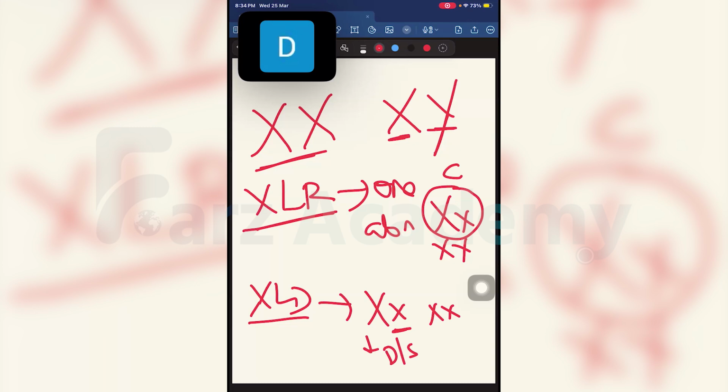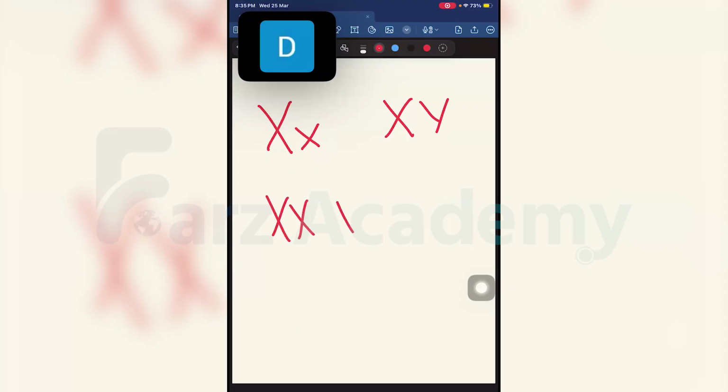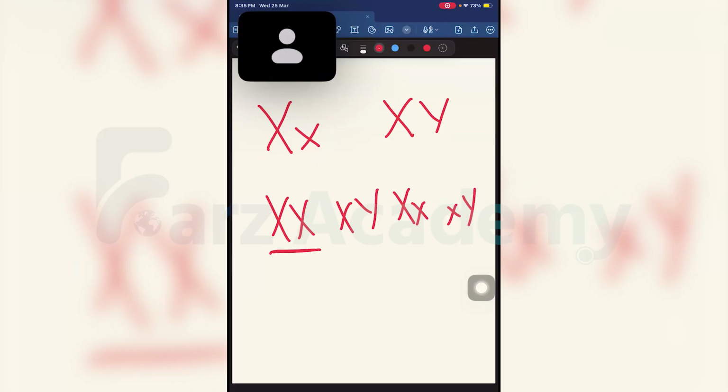Because if the mother is affected now, suppose this is the mother which is affected, and this is the father which is absolutely okay. Now if I take the permutations XX, XY, XX, XY, can you tell me whether this is normal or diseased? Normal.